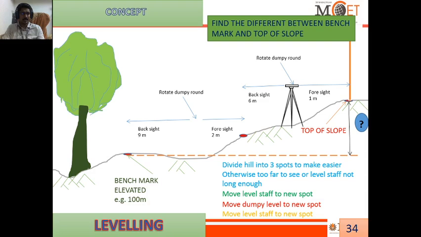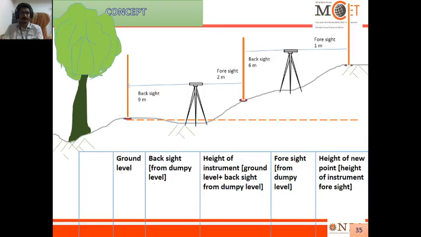So here also there are two readings only, the backsight and the foresight. There is no intermediate sight, right? From this, can we get the elevation difference between these 2 points? How can we? We'll see one by one. See the same setup I have shown here, everything: 9 meter, 2 meter, 6 meter, 1 meter.